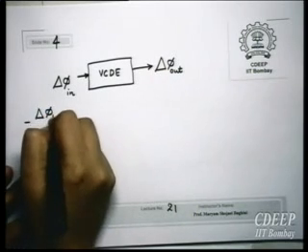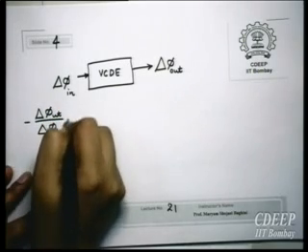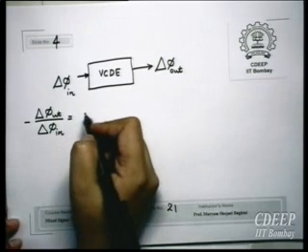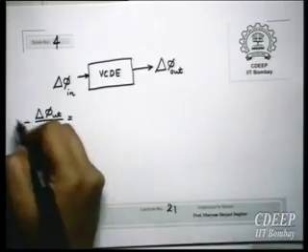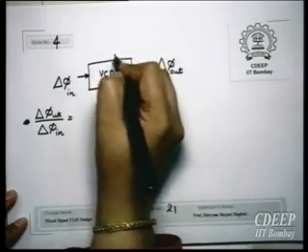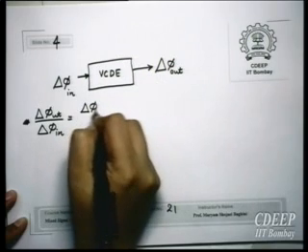This is the question, right? Suppose this creates a phase shift of delta phi. Therefore delta phi out will be delta phi in.